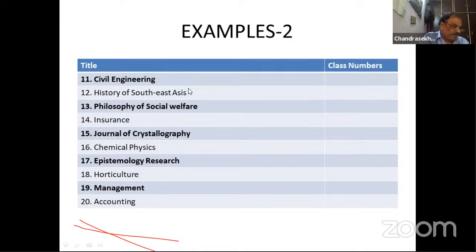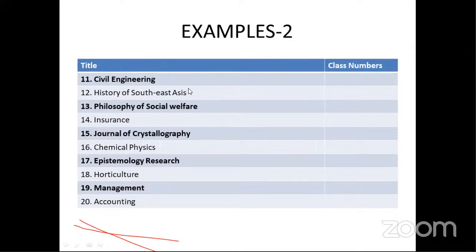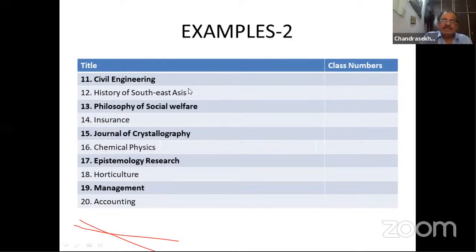Under 361, standard subdivisions are 361.001 to 361.009. Generally 01 is philosophy under standard subdivisions, but here you have to put an extra 0.